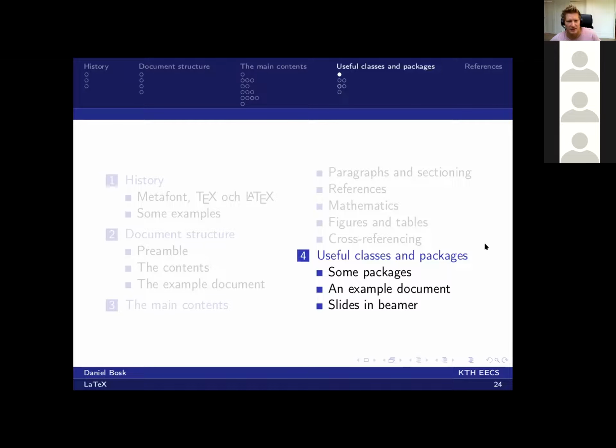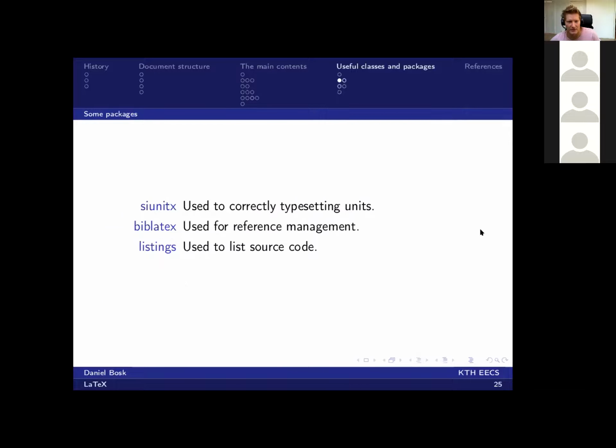So I'll just mention a few more packages that are useful and what you can do with them. Depending on what you will do here at KTH, you have the siunitx package, which is used for correctly typesetting units, in SI form, like meter per second and stuff like that.